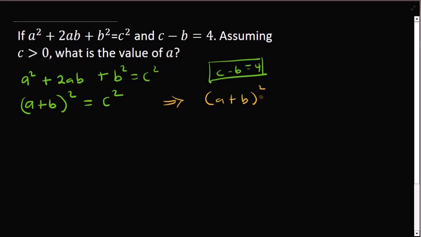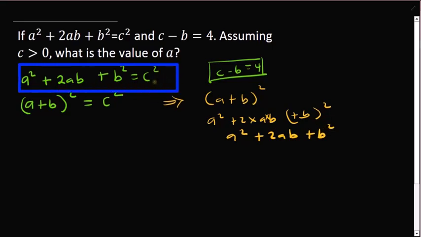We can actually say that squaring the first term, a squared, then plus 2 multiplied by ab, and then we square b. This becomes a squared plus 2ab, so 2 times a times b, then plus b squared, which is exactly what we have at this very point. So this is the same as this.